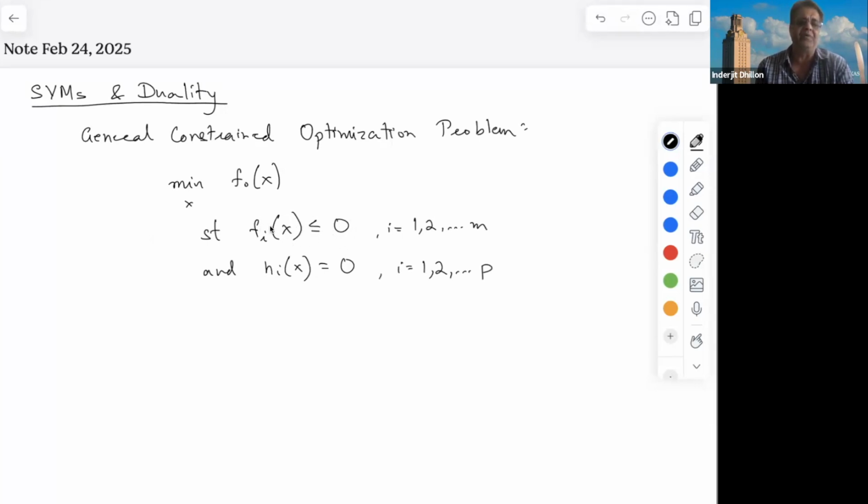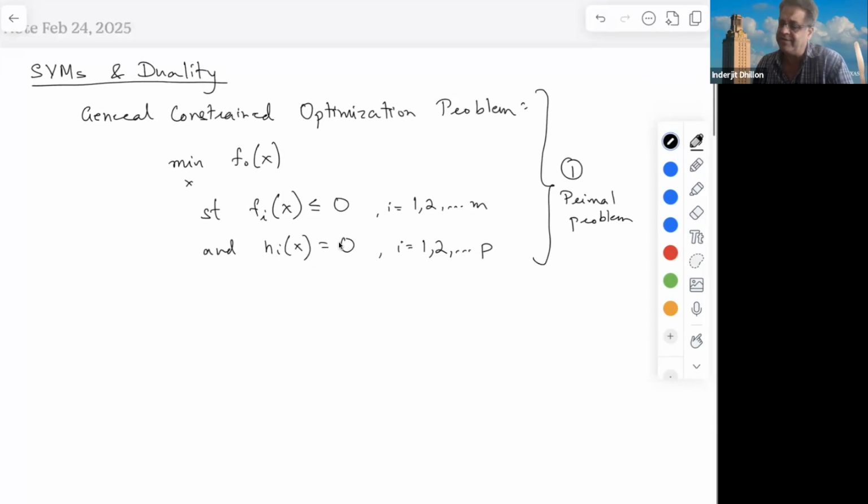If you had something which was greater than or equal to 0, you can just take the negative of that and get a less than or equal to inequality. I'll denote this problem number 1. Last time we named it the primal problem, because we started seeing the dual last time.